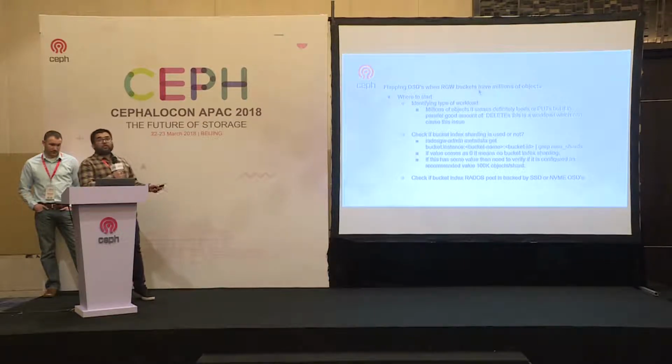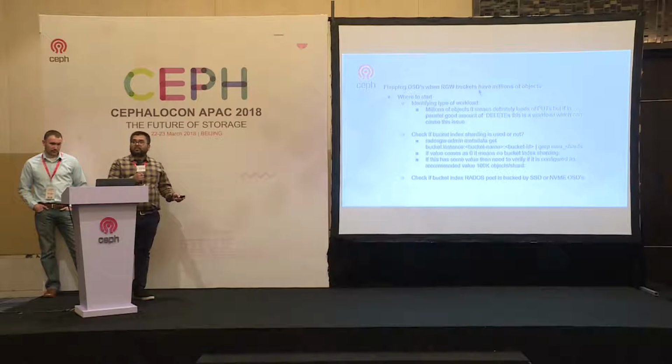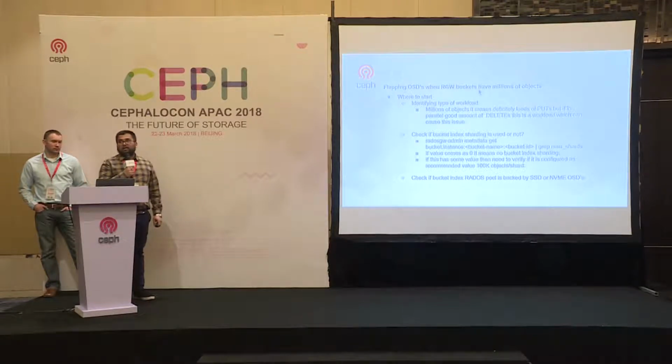That's fine, but if you have deletes in the same ratio, like let's say 80% of your workload is write, and in parallel you are deleting 60% of data in the same amount of time, it can cause this kind of issue. I will be covering in the next slide why a delete workload can cause this issue.